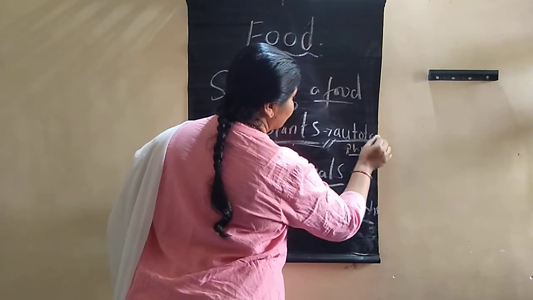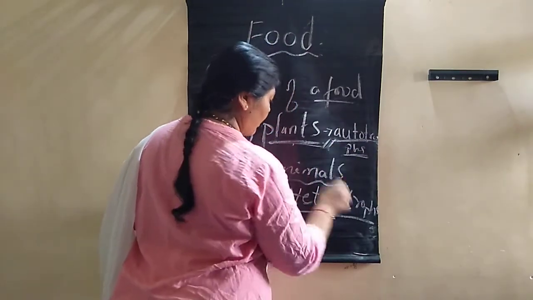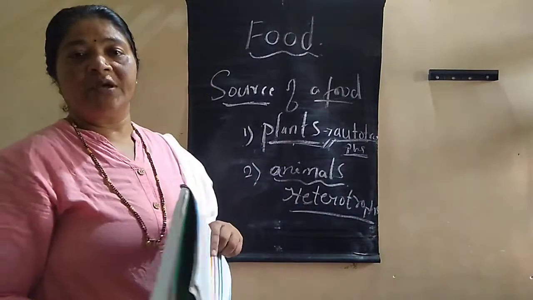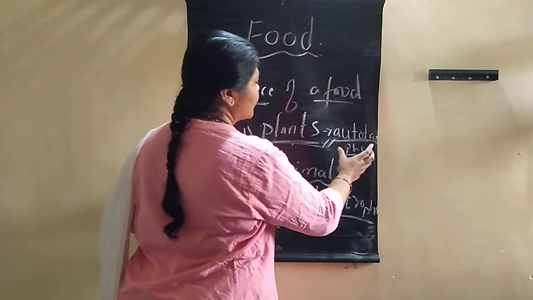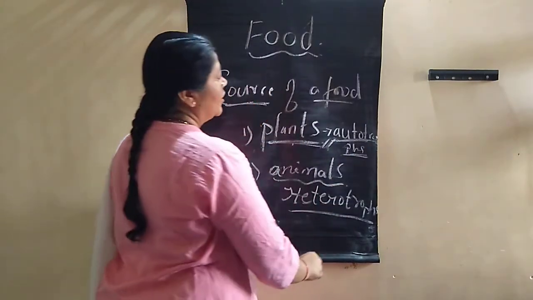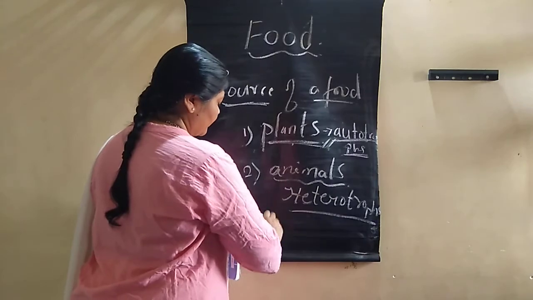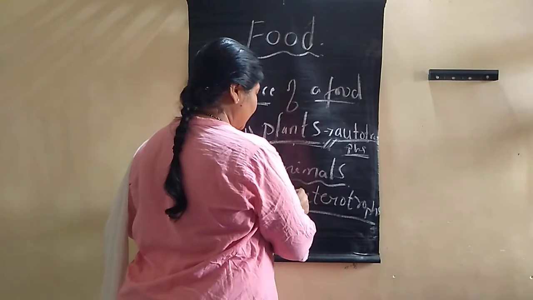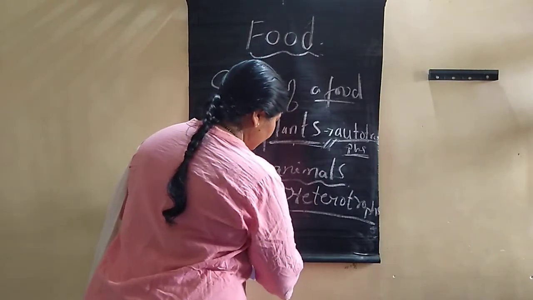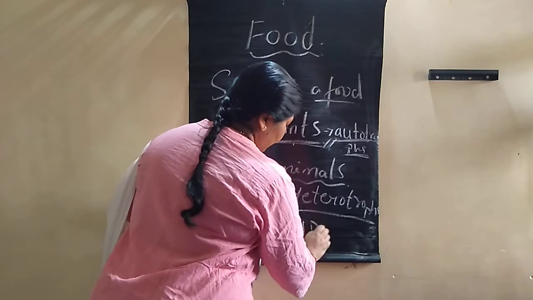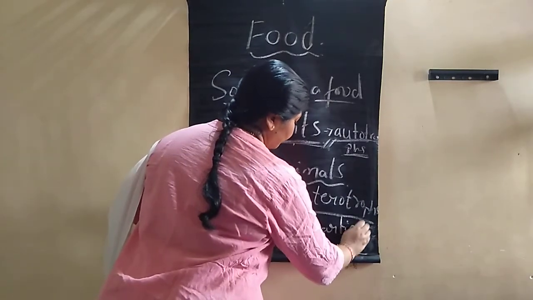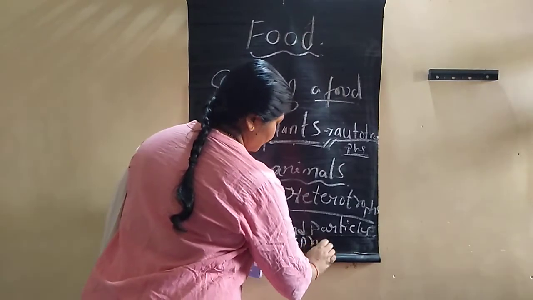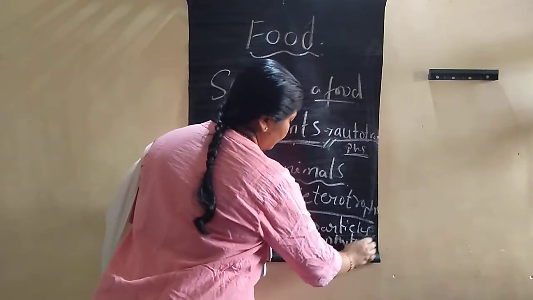The animals which eat, they are not preparing any food; they depend on plants and other animals. Those are called heterotrophs. Living things which prepare food are called autotrophs. Those which do not prepare food and depend on plants or animals are called heterotrophs. In this class we discuss autotrophs and heterotrophs. Another category does not prepare food or depend on others, but depends on dead particles. Those are called saprophytes, or parasites.